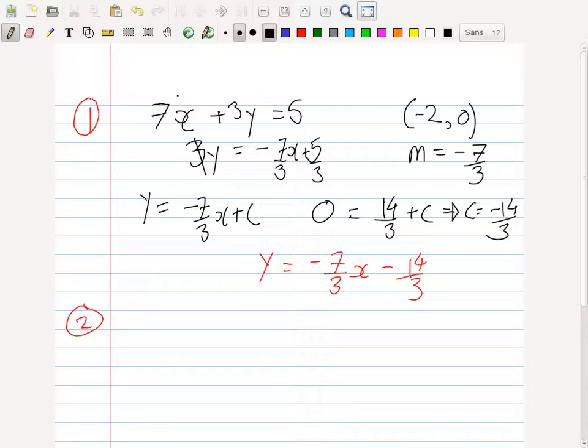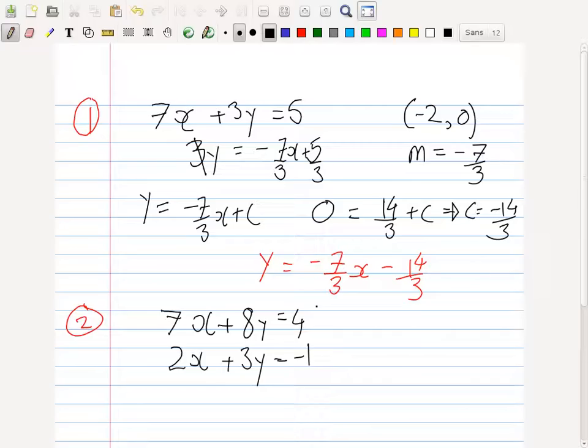Well, on the second one, what they're wanting you to do is to solve 7x plus 8y equals 4 and 2x plus 3y equals minus 1.